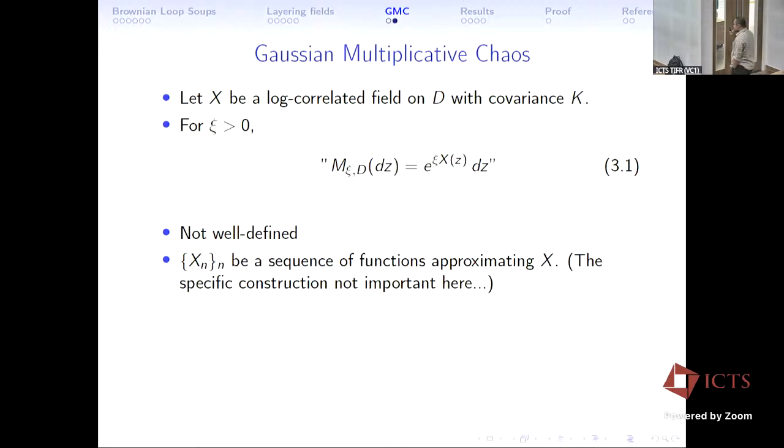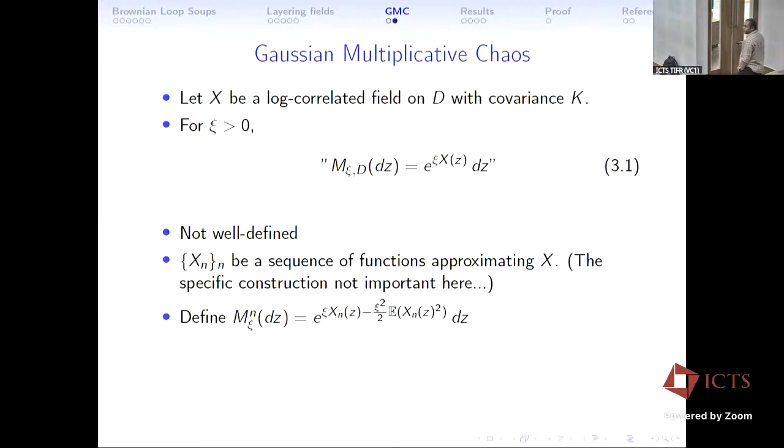So this is where the work of Kahane comes in. What Kahane was able to show is that if you can find a sequence of functions X_n which approximates X, then you can define this approximating sequence of measures.